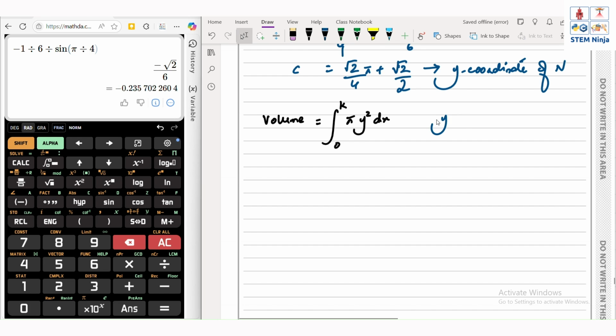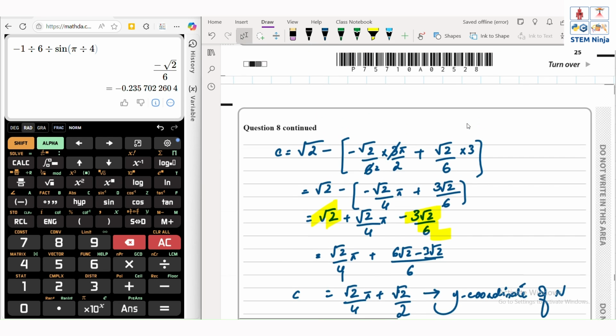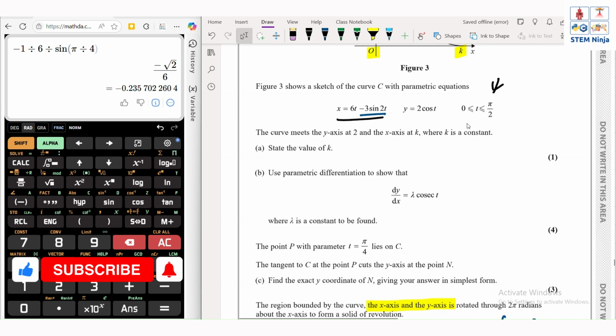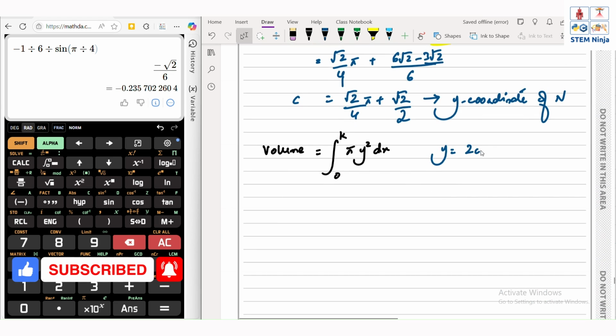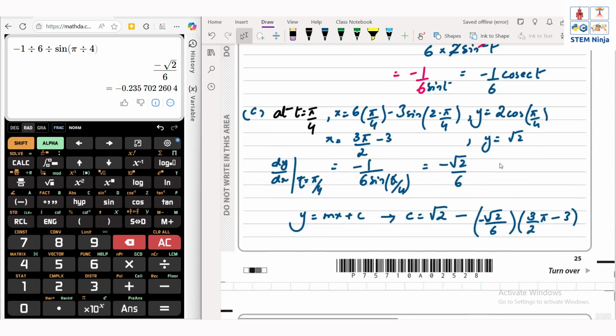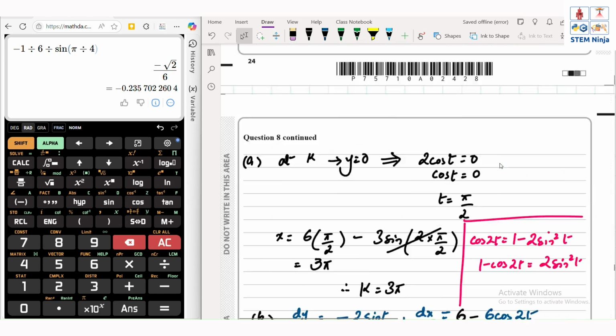Now, y is equal to 2 cos t, and x is equal to 6t minus 3 sine 2t.